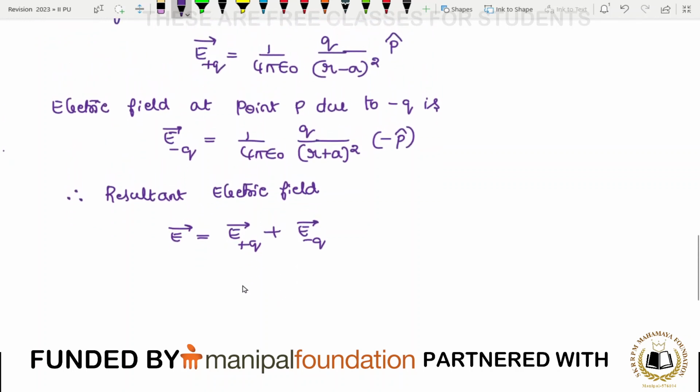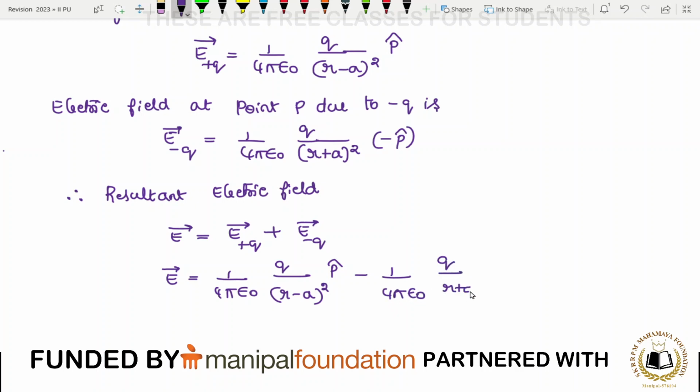Now what you have to do is add both the equations. So I'm going to get resultant E plus Q is here, 1 by 4 pi epsilon naught q divided by r minus a whole square into p cap minus 1 by 4 pi epsilon naught q divided by r plus a whole square p cap.